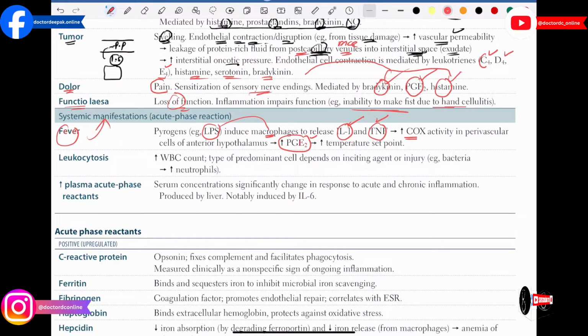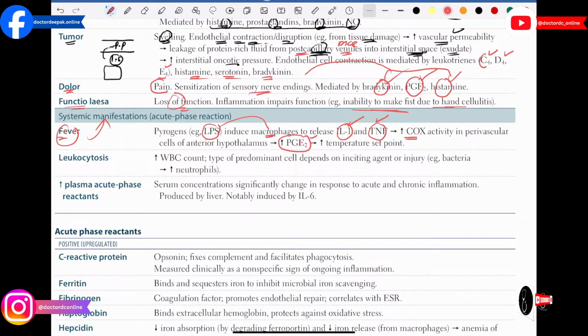That prostaglandin will increase the temperature set point in the hypothalamus. And when you increase the temperature set point in the hypothalamus, you will get the fever.